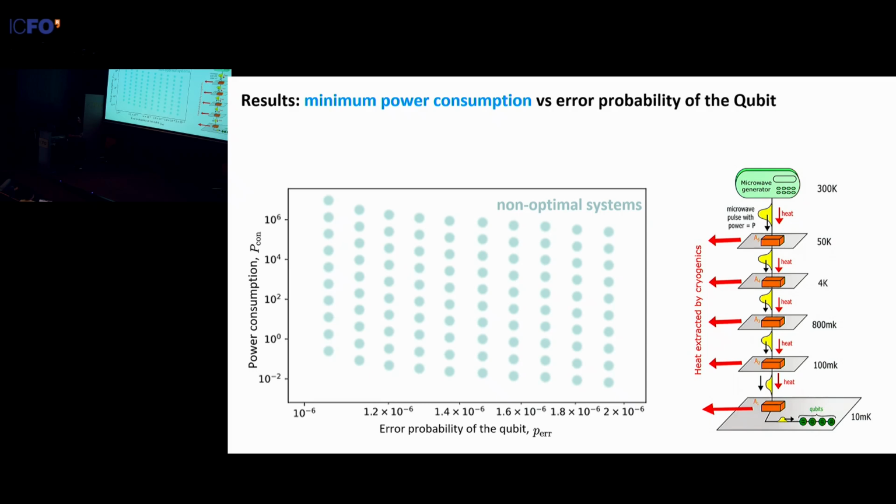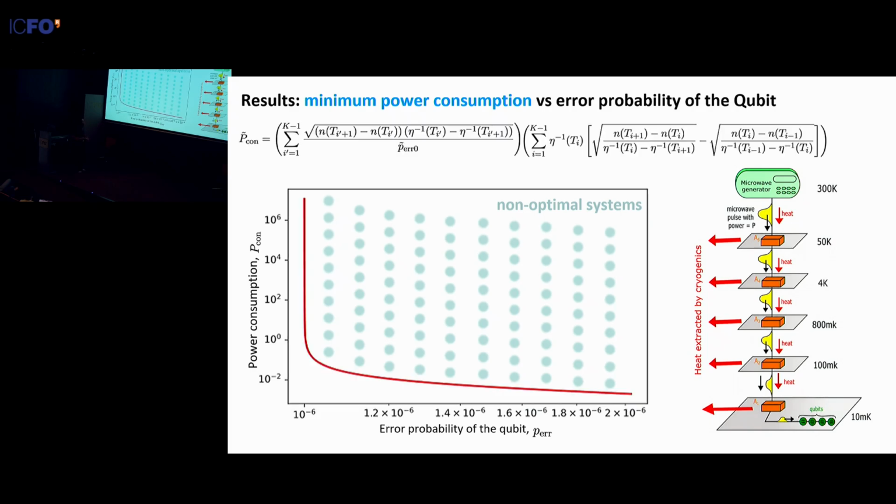Okay, so here we take this example of a 6-stages system with this specific set of temperatures, and here we assume constructing the efficiency at Carnot, extracting the heat at Carnot efficiency, sorry. And here in blue we have the power consumption versus the error probability when we put in random attenuations in the system.